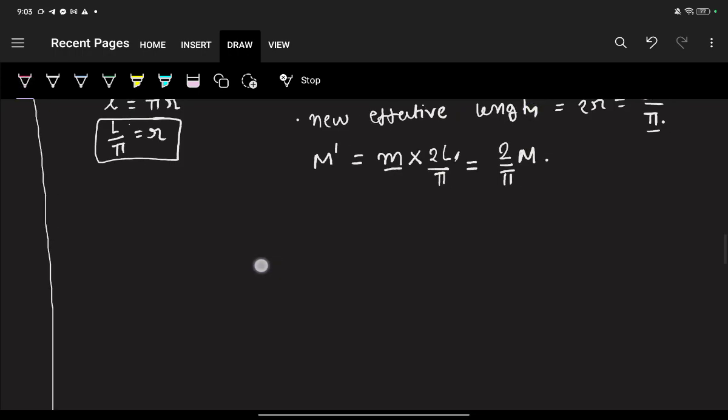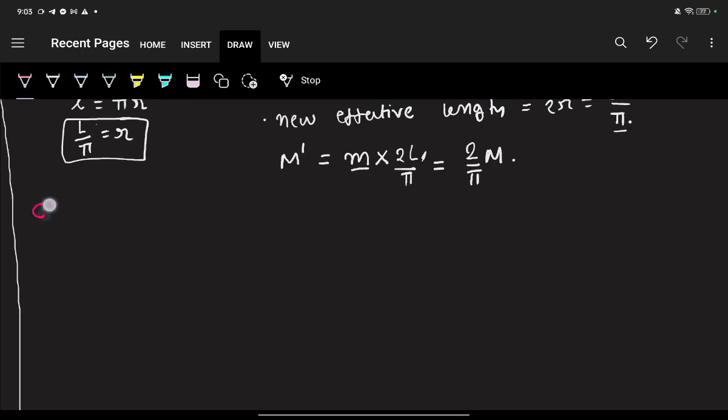The next question, or you can say case 2, is where we need to find out the magnetic moment of this arrangement. There are two magnets and the structure is given this way.